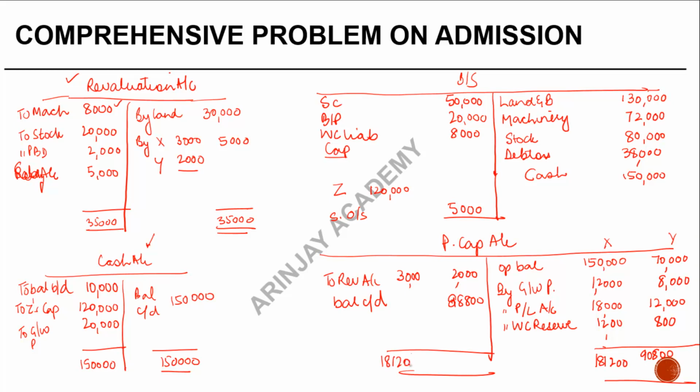So 181,200, 178,200 is the balance. Here again, I get 90,800. So the capital accounts of X and Y, the balances which are there are 178,200 and 88,800. If I do the total of all these three, what do I get? 3,87,000.